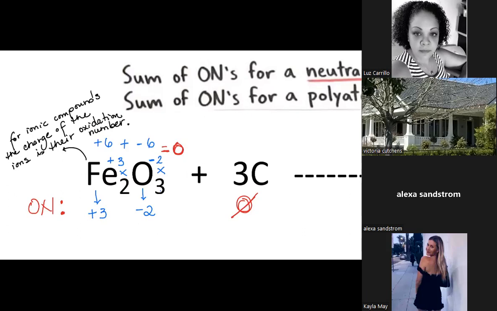Okay, put a 1 in the chat if how we assign the oxidation numbers for iron 3 oxide makes sense.